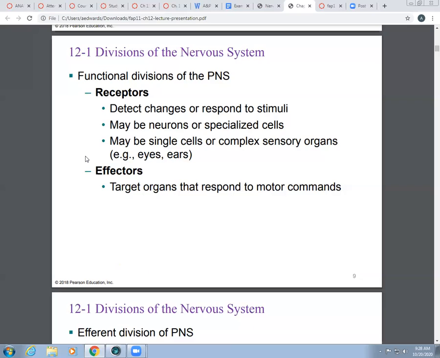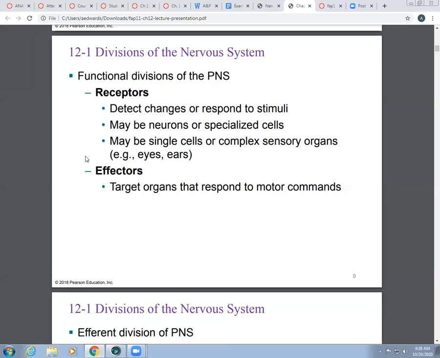You also have effectors, and these effectors are going to target organs, and those organs are going to respond to some motor commands. So in a sense, the receptor is where the signal is coming from originally.